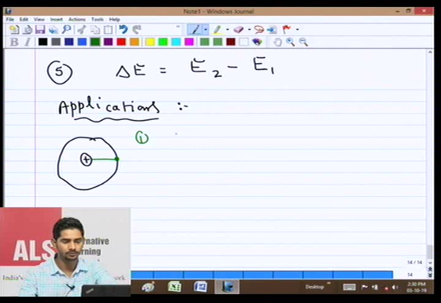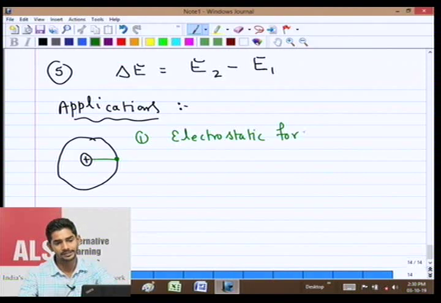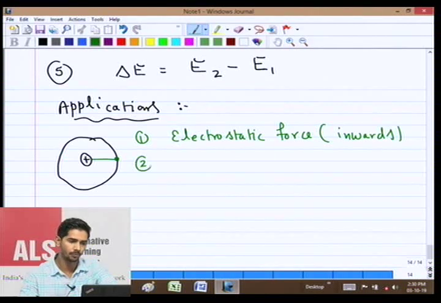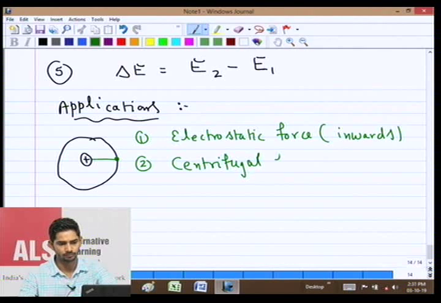One is the electrostatic force, which is inwards. Number 2, the centrifugal force, which is acting outwards.